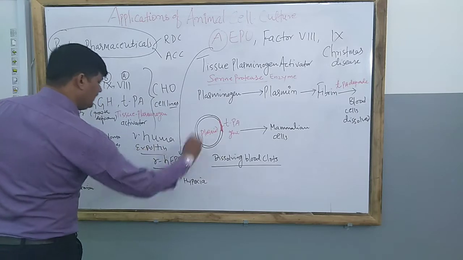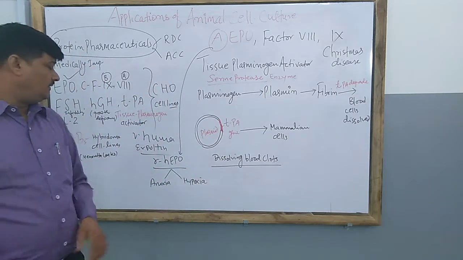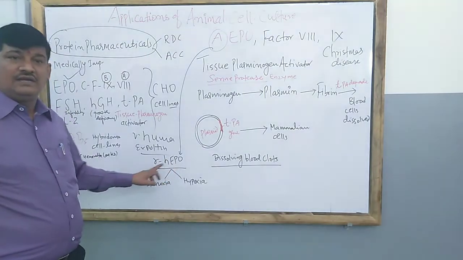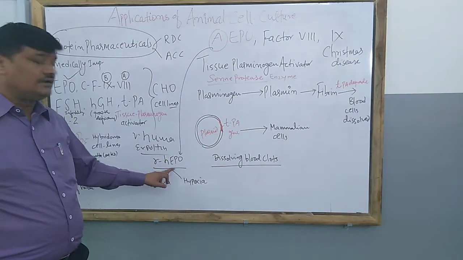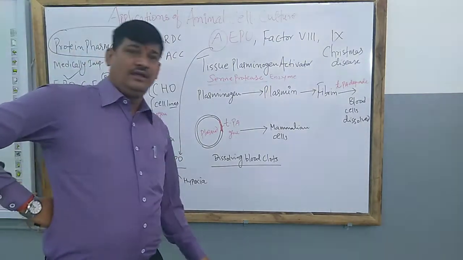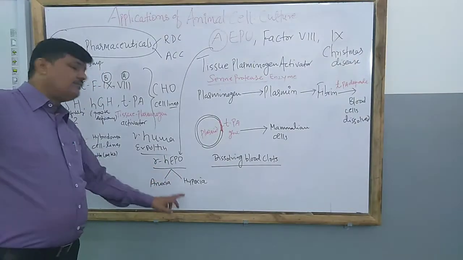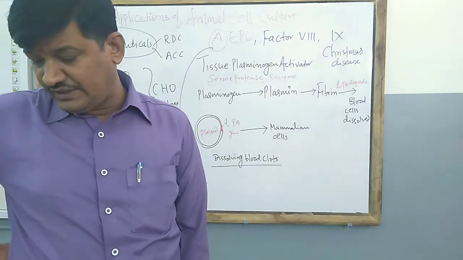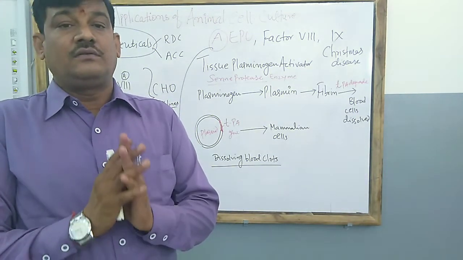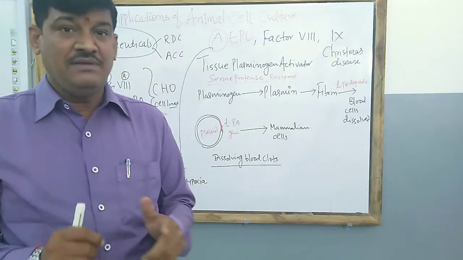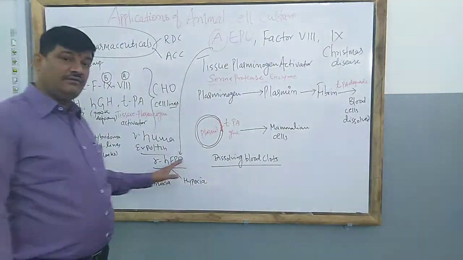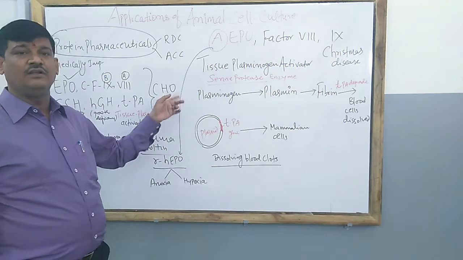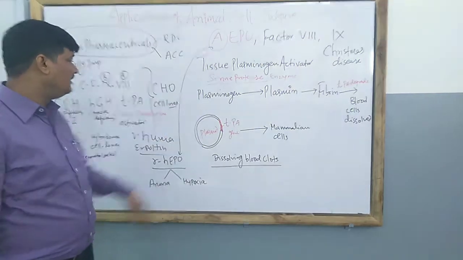This rHuEPO, recombinant human erythropoietin hormone, is used in the treatment of anemia. I am not talking about hemophilia. Hemophilia is something different; we will discuss that under clotting factor 8 and clotting factor 9.